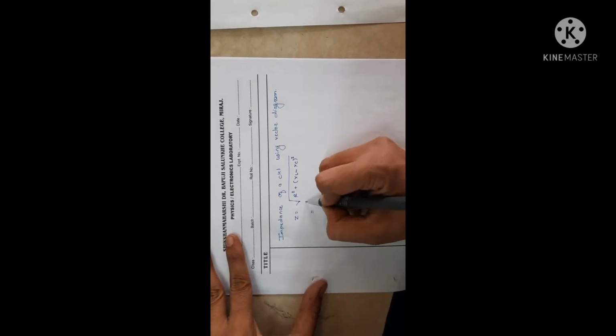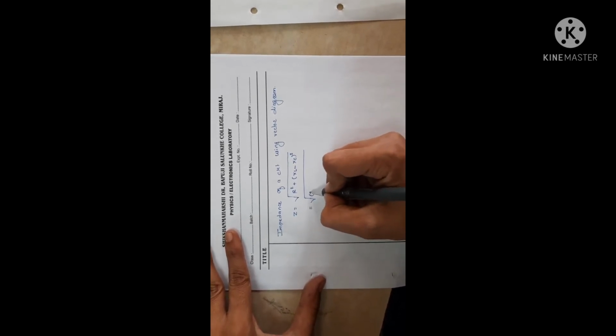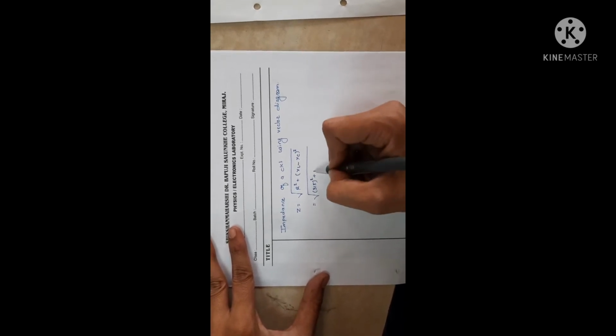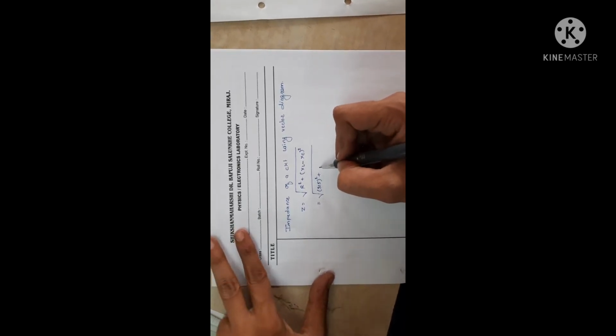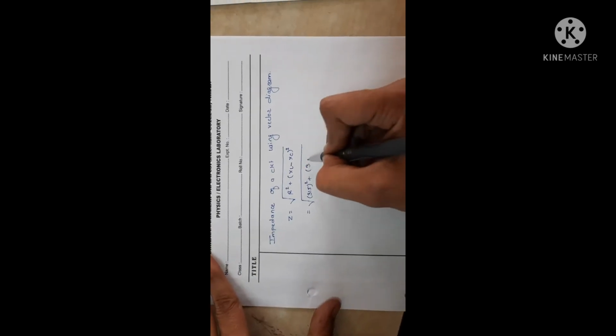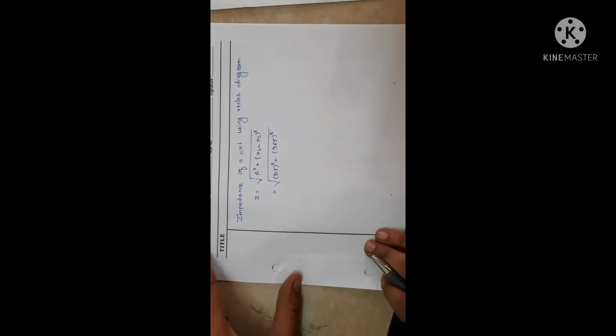Putting in the values, R is 315 square, plus XL minus XC is 365 bracket square.